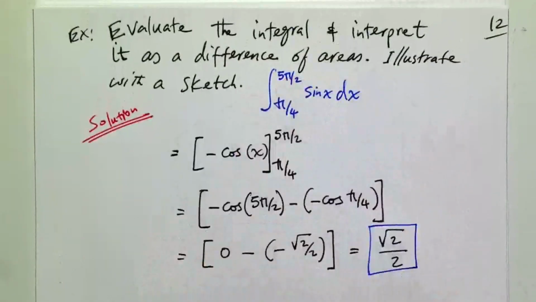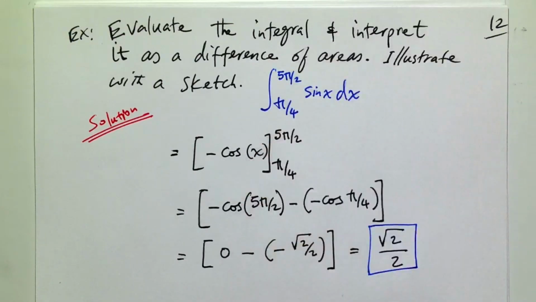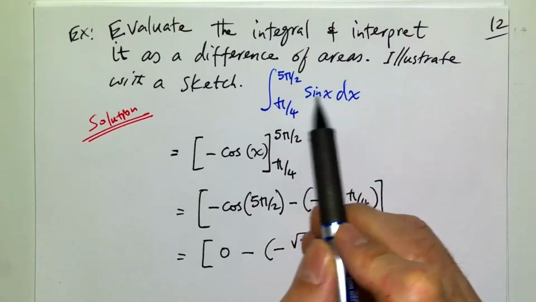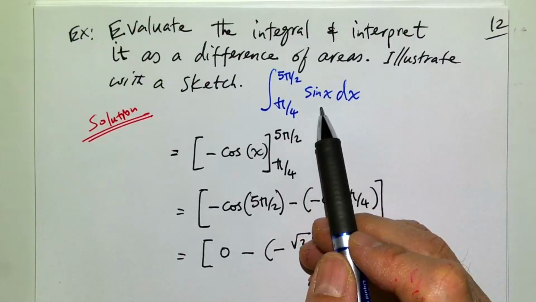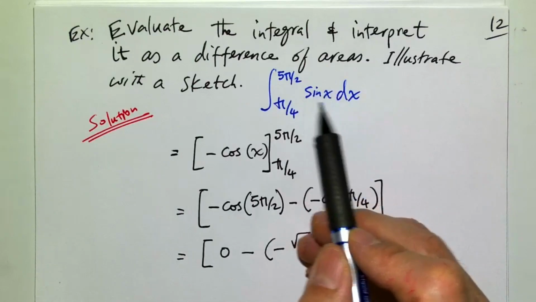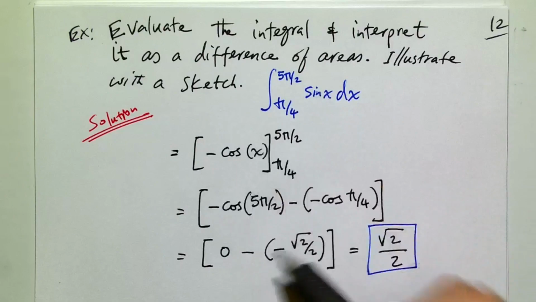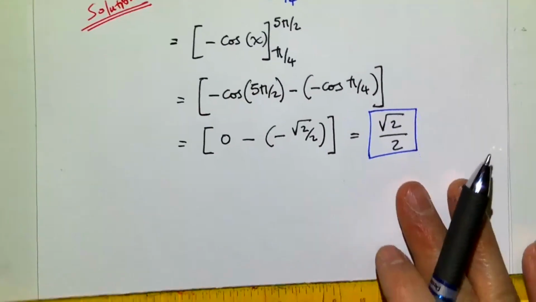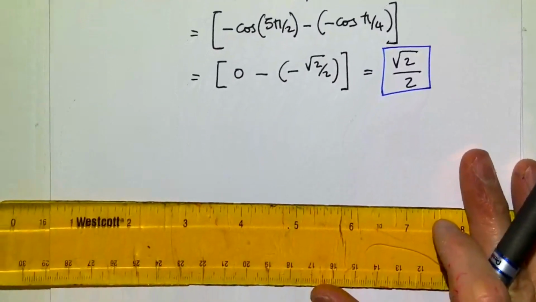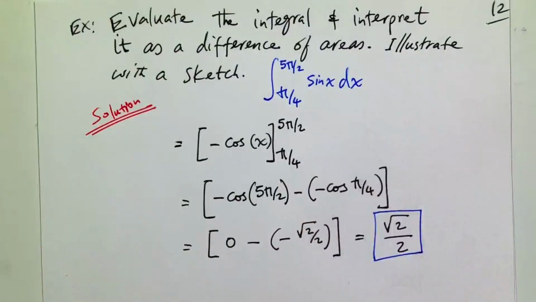I think that's what this question is trying to demonstrate, that what we're calculating with the integral is the net area between this function and the x-axis. So we need to graph this and see where those areas are that this integral finds and obtains the net area by adding and subtracting these regions. But this is the one we're going to graph, not cosine.